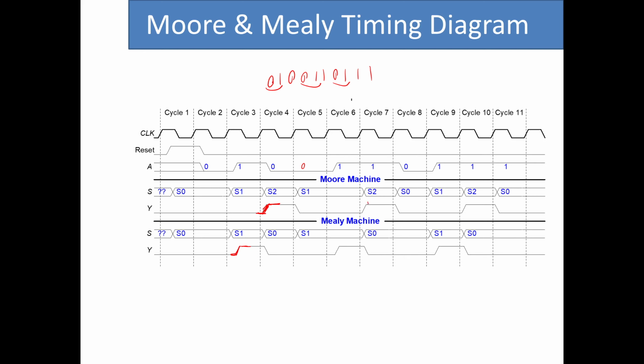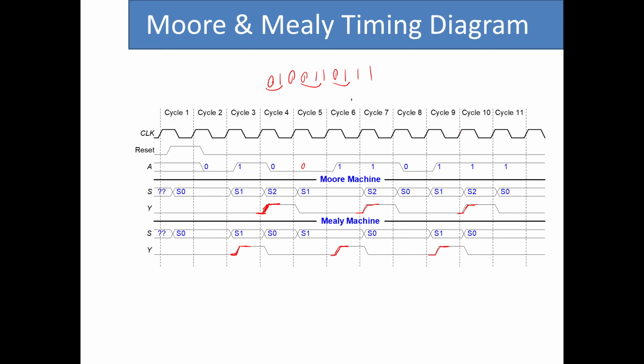The same happens here too. So for the second instance of 0 followed by 1, again, a Mealy FSM produces the result sooner than a Moore FSM. The same here too. So the output for the Moore FSM is always synced with the clock.